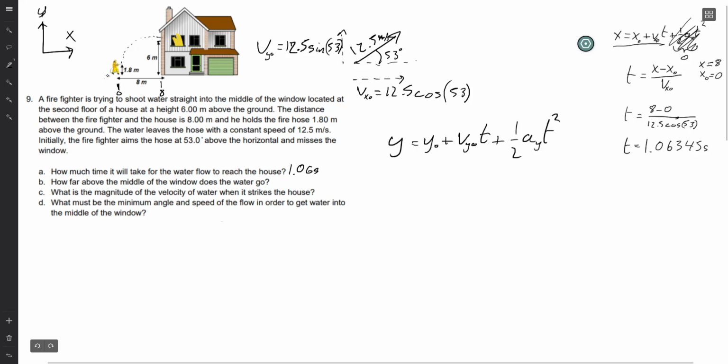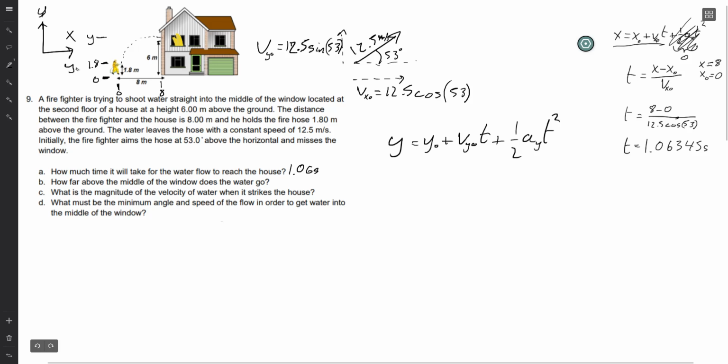We'll say that the ground here is 0. And the height up here, somewhere where the water lands, we're going to call y. Now remember that y0 is not actually going to be 0 in this situation. It's actually going to be 1.8, because that's how high the water is being launched from.